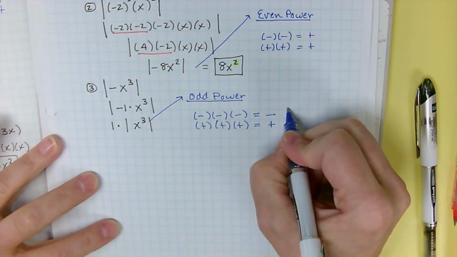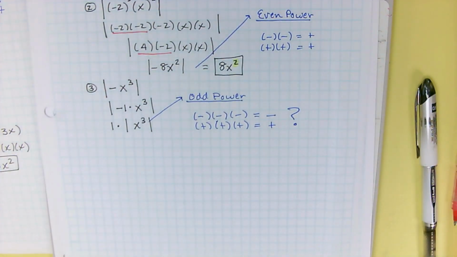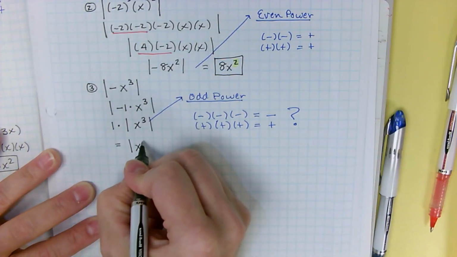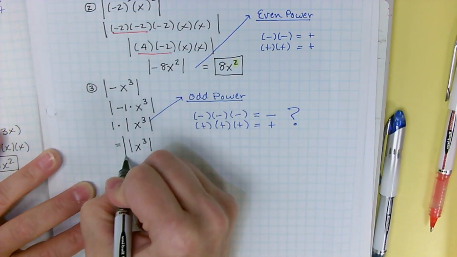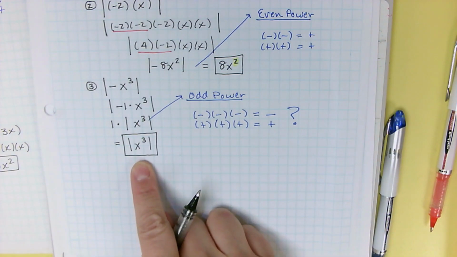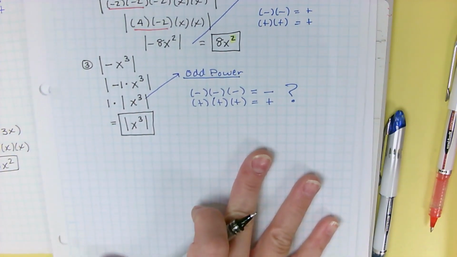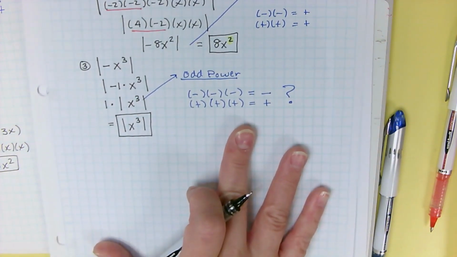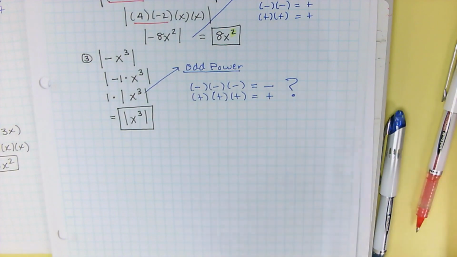In this case, we don't actually know what x is. So big question mark on that. So the x has to stay inside the absolute value bars. We simplified the -1 out, but the x cubed is trapped because we don't know what it was originally. So even and odd powers do cause some dilemmas. This is the first time we've come across it.